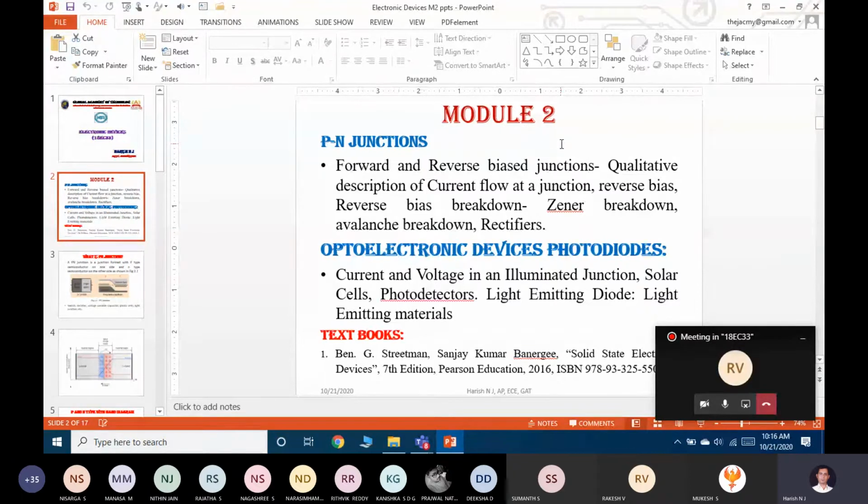So when you are keeping V equal to some voltage, at the same time the P-type semiconducting material consists of majority charge carriers, which are holes. N-type majority charge carriers are electrons.